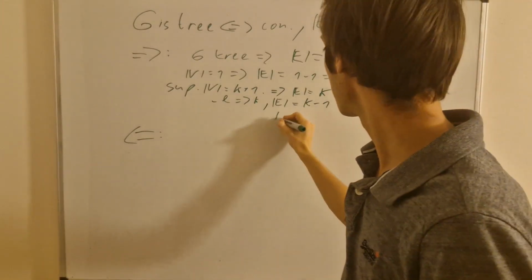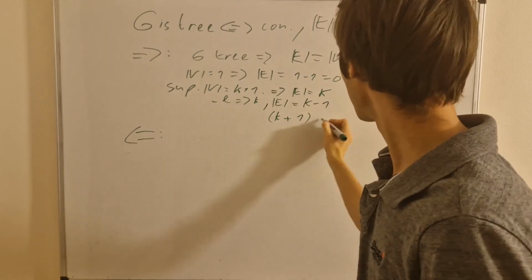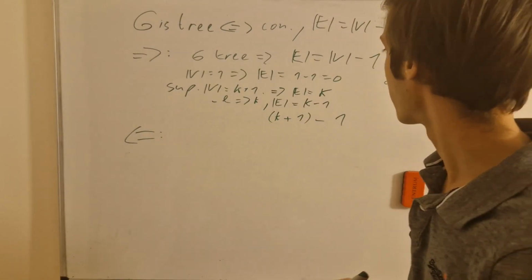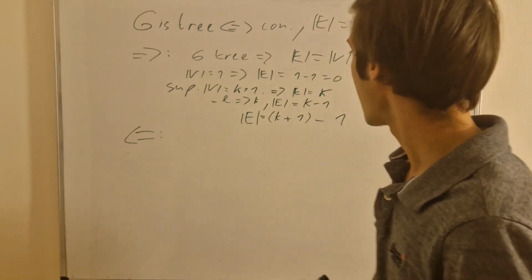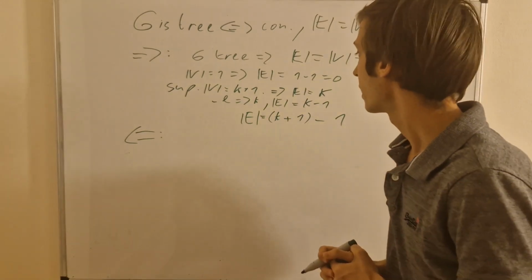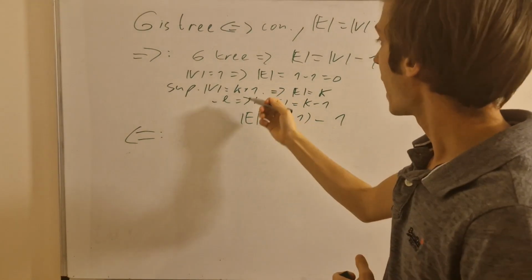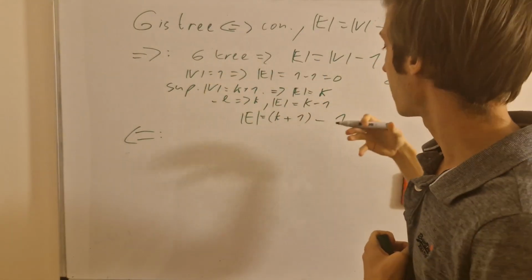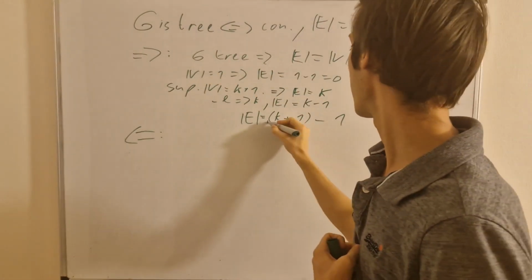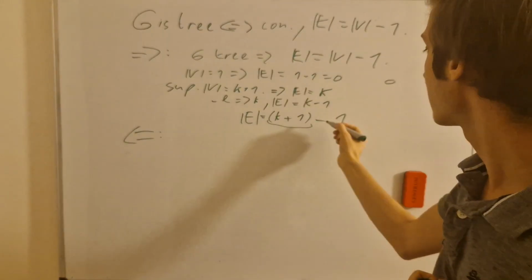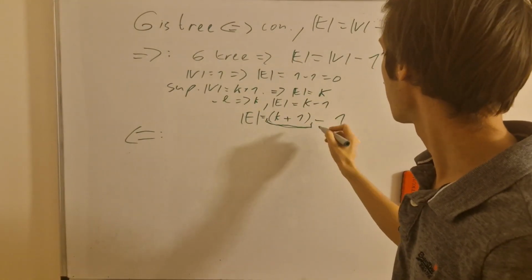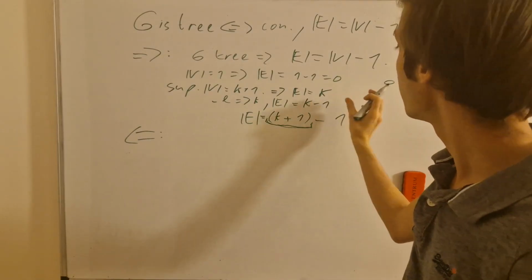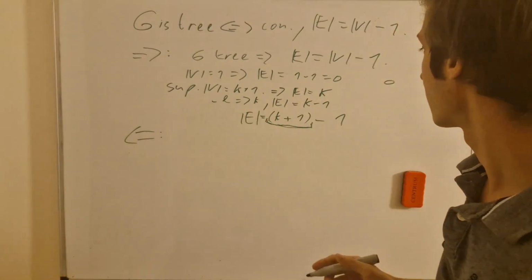So we got the situation with k plus 1, but if we remove a leaf, we go back to k. We supposed that it works for k, and then we looked at the k plus 1 scenario, and we see it works just the same way. Again, if the vertices are k plus 1 and we remove 1, we get the number of edges.